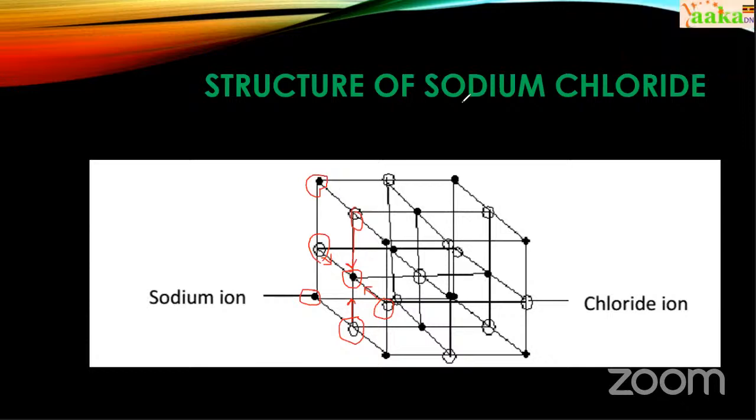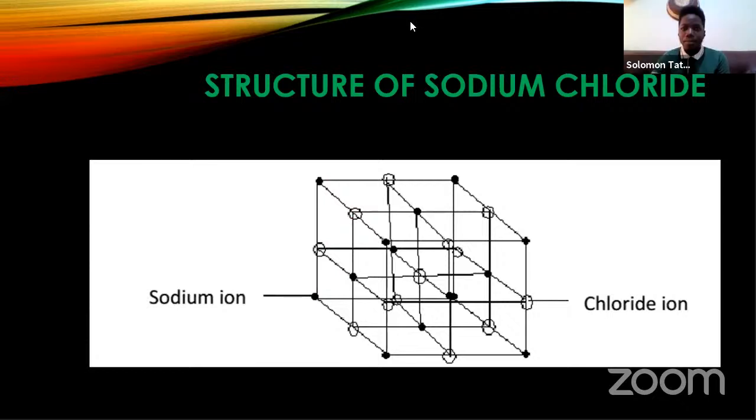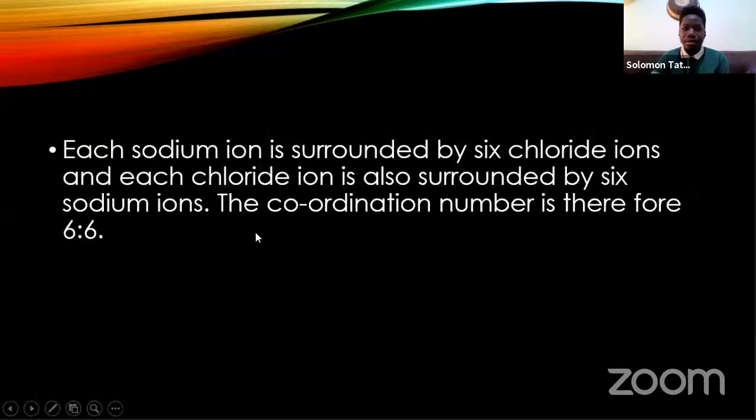Another way we can explain this in a more visible way is to say that each sodium ion is surrounded by 6 chloride ions, and each chloride ion is also surrounded by 6 sodium ions. The coordination number there is 6 to 6.